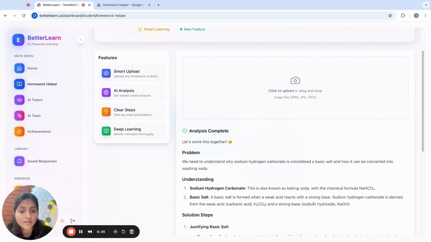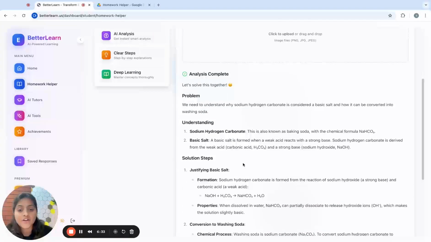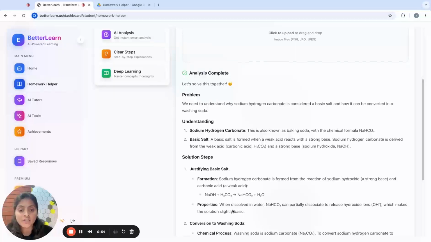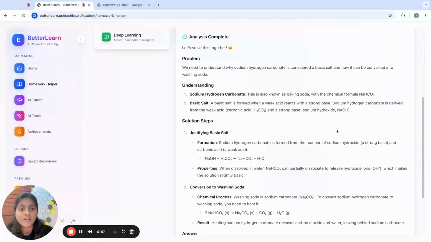So here you can see that it firstly explains the terms, what is sodium hydrogen carbonate, what is a basic salt. Then it justifies the basic salt, how sodium hydrogen carbonate is considered a basic salt. It writes its formation and properties and explains the whole reason for this section.